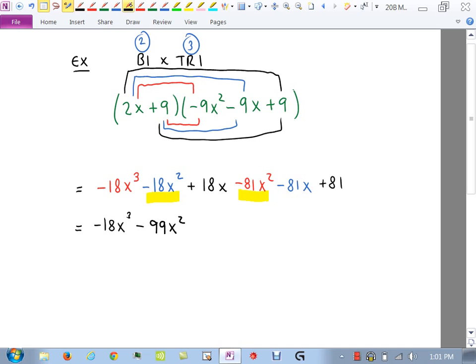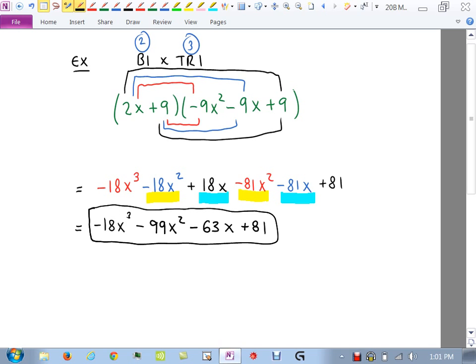And then what about our x terms? Again, we have 2 terms, don't we? This time it's not 9, sorry. It's negative 63x and then plus 81. And that's it. Make sense?